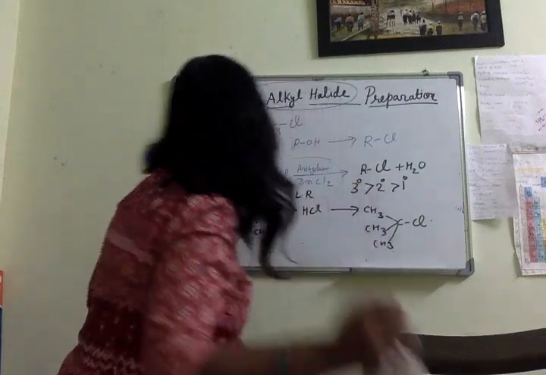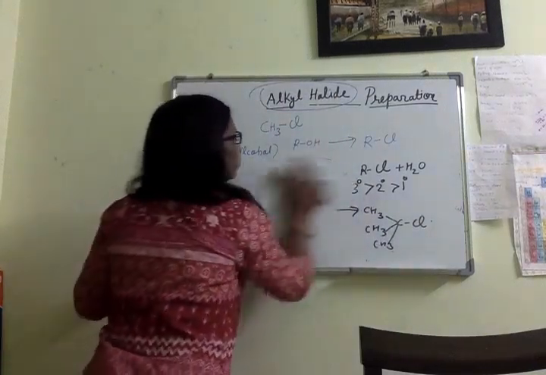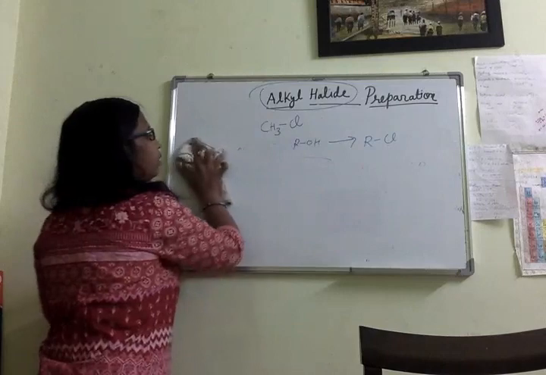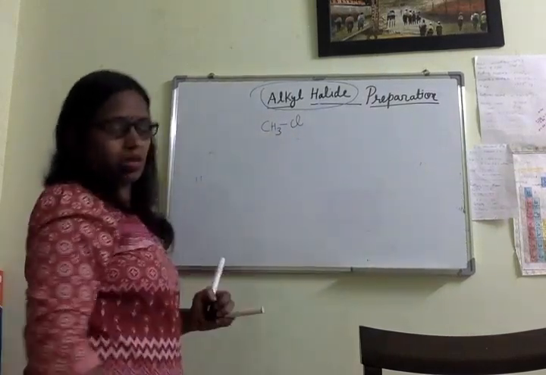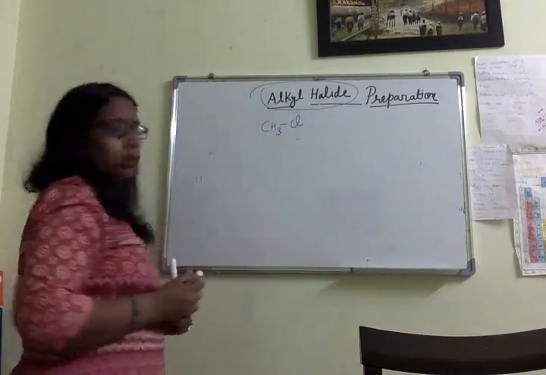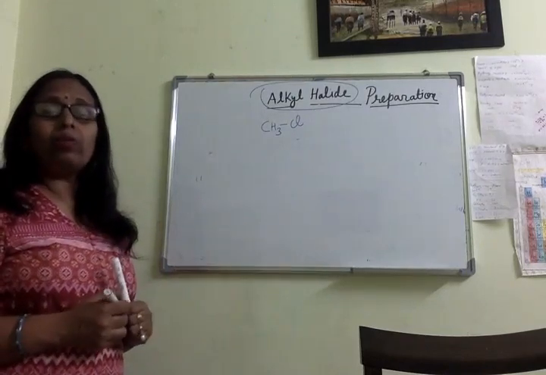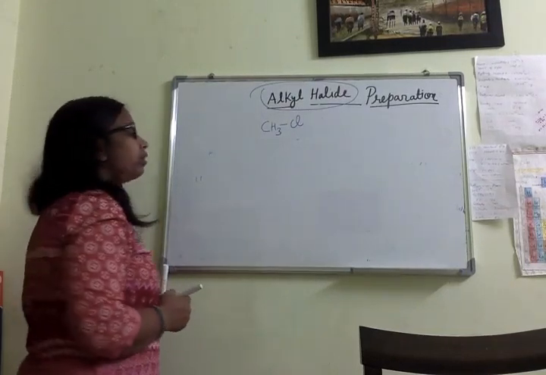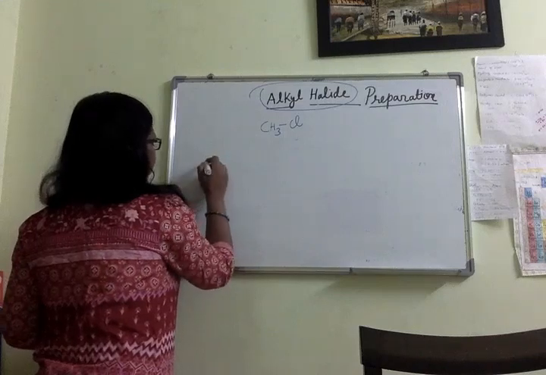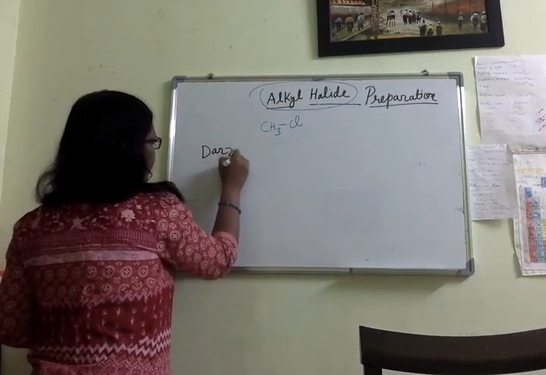Second method, which came in this year's paper: preparation of haloalkane by the Darzens reaction. This is the Darzens reaction.